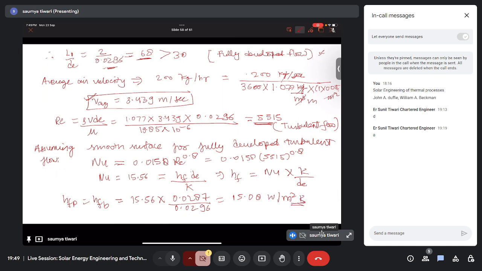So we have calculated the heat transfer coefficient for the fluid for the absorber plate and the back plate.